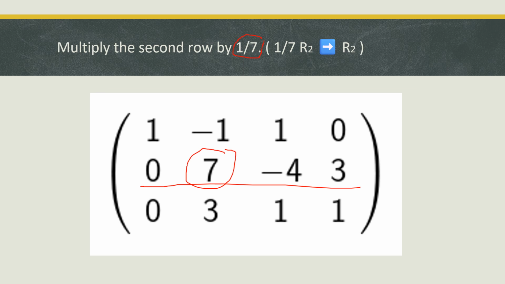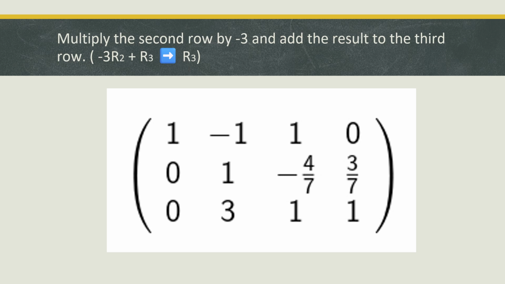Our new row 2 is 0, 1, negative 4/7, and 3/7. And our next goal is to make this A sub 32 into 0.